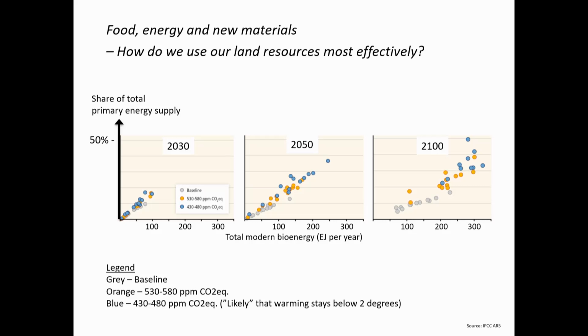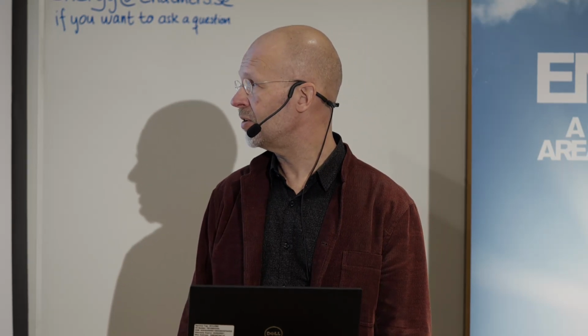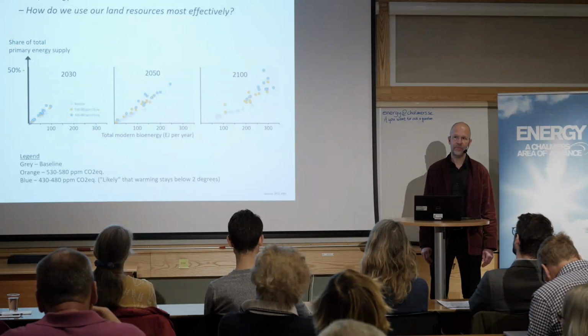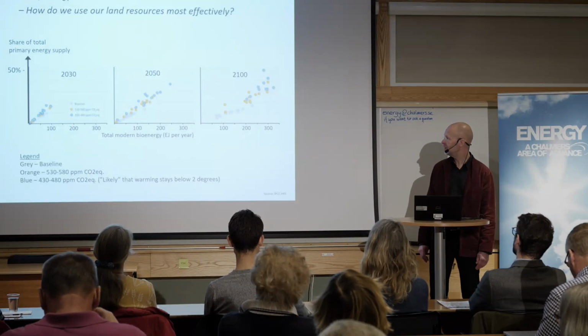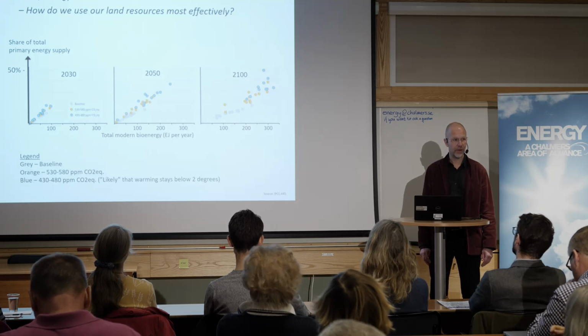Then you have also an x-axis where you can read how many exajoules this is. I'm sure that not all of you know how much an exajoule is, so it's difficult to relate to this. But if I tell you that 200 exajoules is roughly 10 times the global industrial roundwood production today, then you realize that this is really massive amounts of biomass that would be needed to meet these scenario developments.